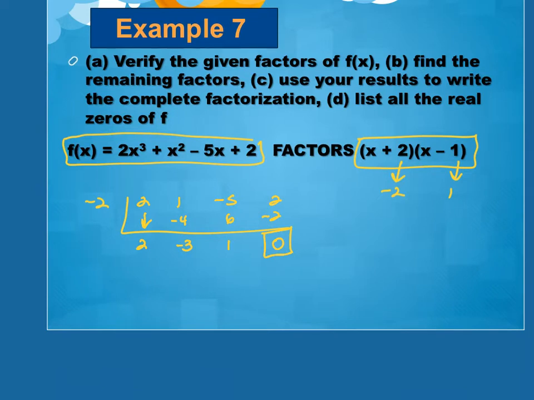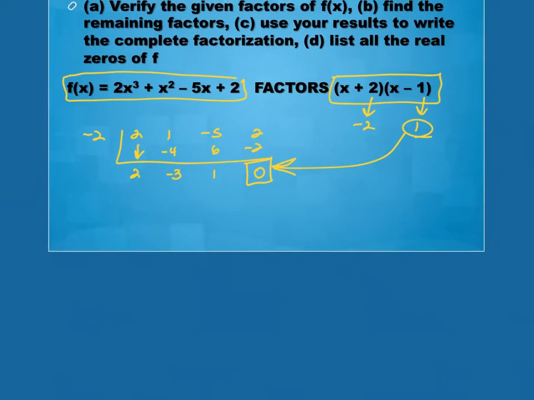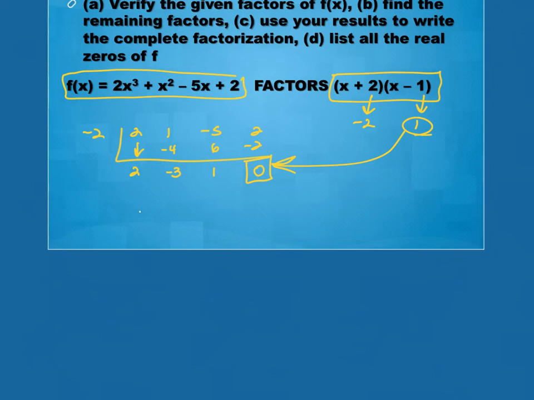Now, if negative 2 and 1 are both a factor of the original and I reduce it a degree, 1 is now a factor of my new polynomial. So instead of going back to the beginning, I use these numbers as my coefficients, and I put 1 on the outside. Bring down the 2. 2, negative 1, 0.